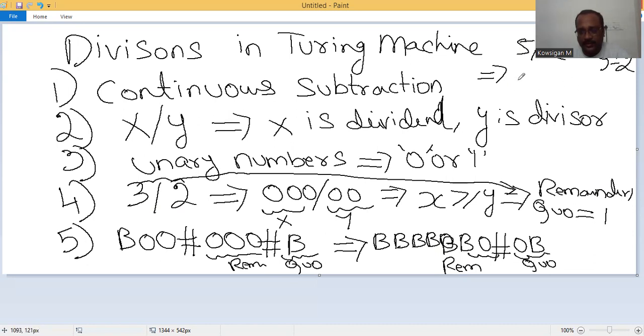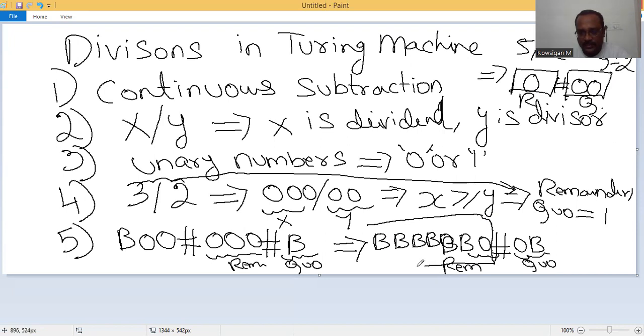How it will be represented is, this is the left hand side and this is the right hand side, separated by a hash. On the left hand side you will have the remainder, that is only one 0, and on the right hand side, which holds the quotient, it will be displayed as 2 zeros. So this is the remainder part and this is the quotient part. That is what I have shown here.